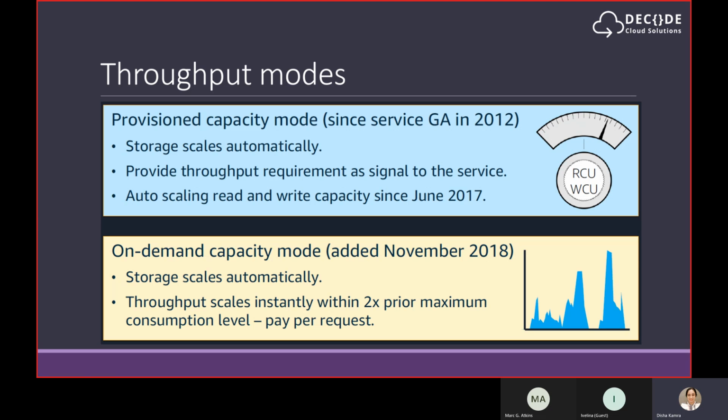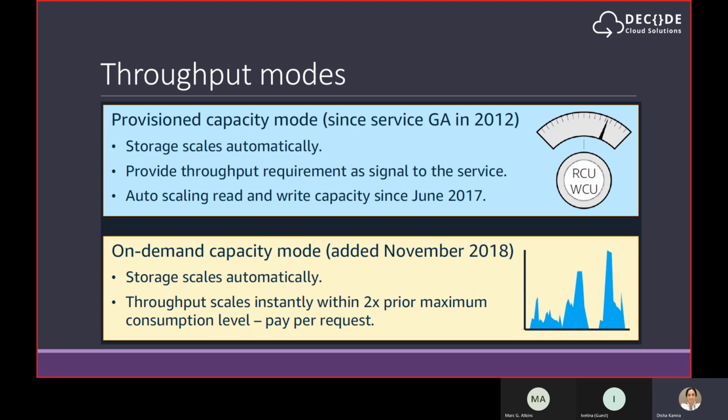In June 2017, AWS added an ability to auto-scale that read and write capacity based on CloudWatch metrics that tell us about your read and write unit consumption. And then in 2018, AWS added an entirely new capacity mode, which is known as on-demand. Again, the storage scales automatically, but the throughput scales to 2 times your prior maximum consumption level, your high-water mark.